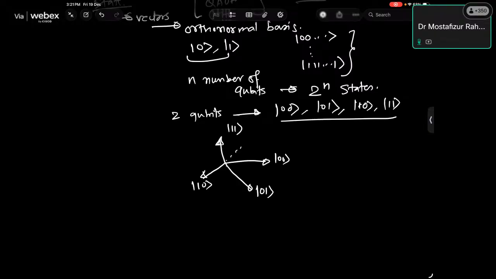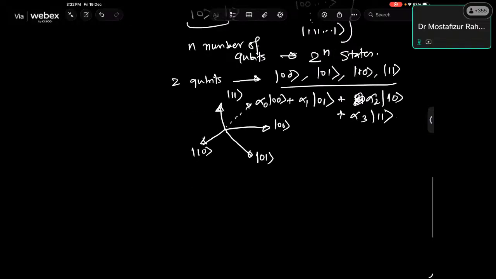And your quantum state can be somewhere, which is alpha 0 times 0 0, plus alpha 1 times 0 1, plus alpha 2 times 1 0, and alpha 3 times 1 1. So you have 4 coefficients and 4 orthonormal bases, right?